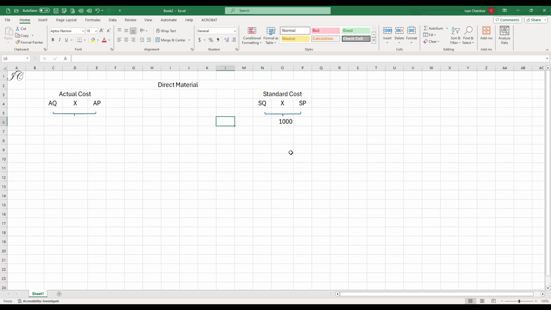In reality, my actual cost is $1,500. So what does it mean? Do I know why I'm spending more? Is it because more people came or because cost per person is higher?